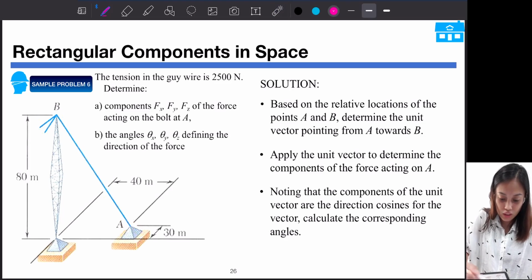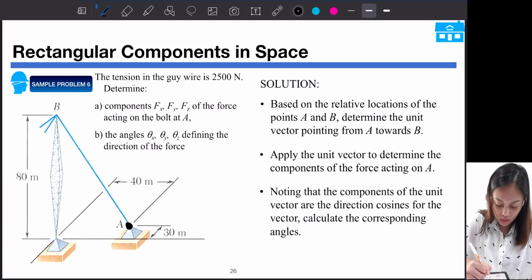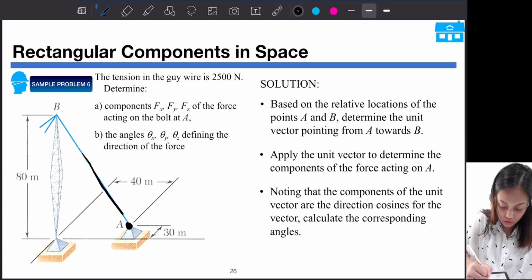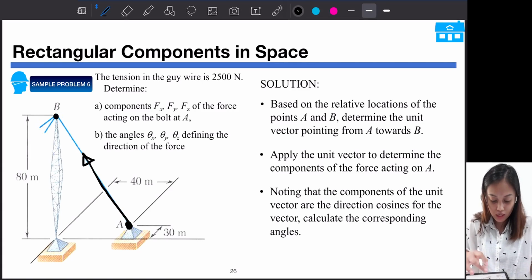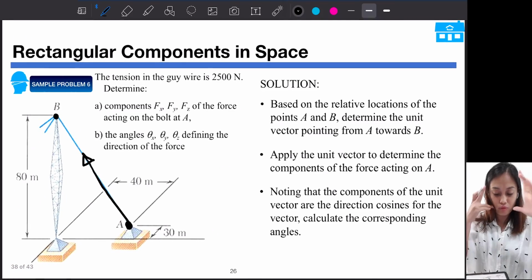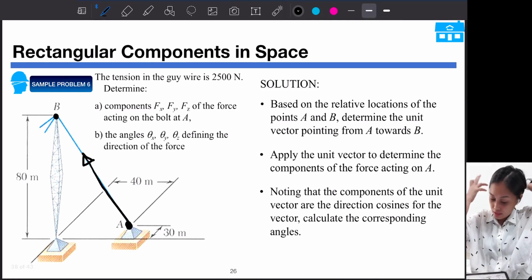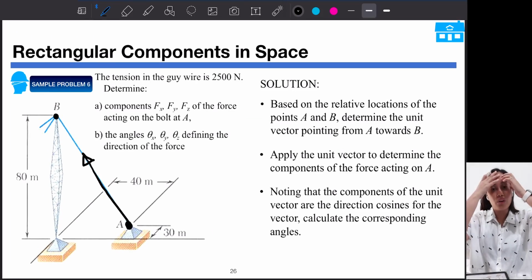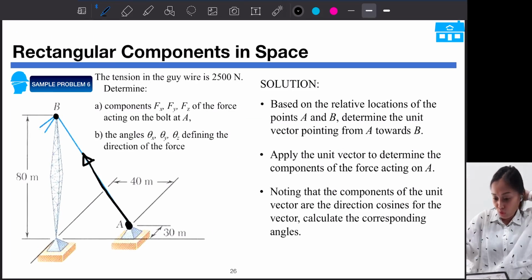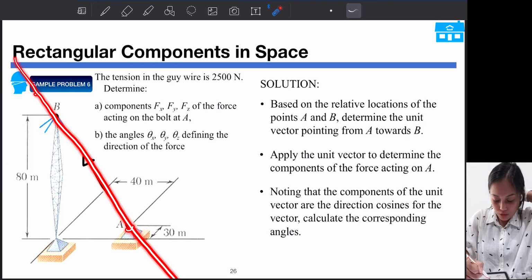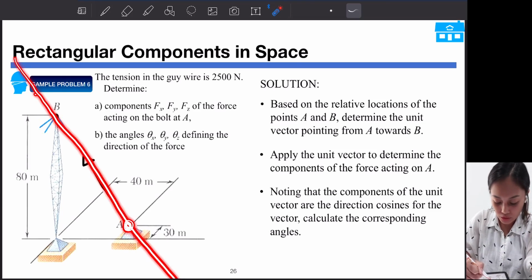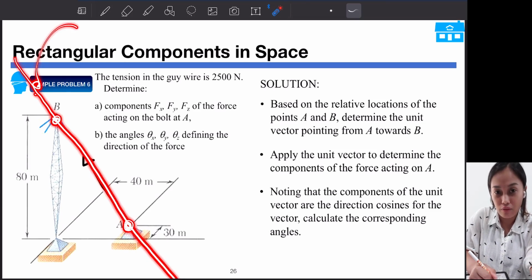So, if we sketch or draw our force, the force acts from point A to point B, like in our earlier example with points M and N. In this case, point A and point B. So, where your force comes from and where it is headed. The force acts along this line of action, and we have two identified points along that line of action.